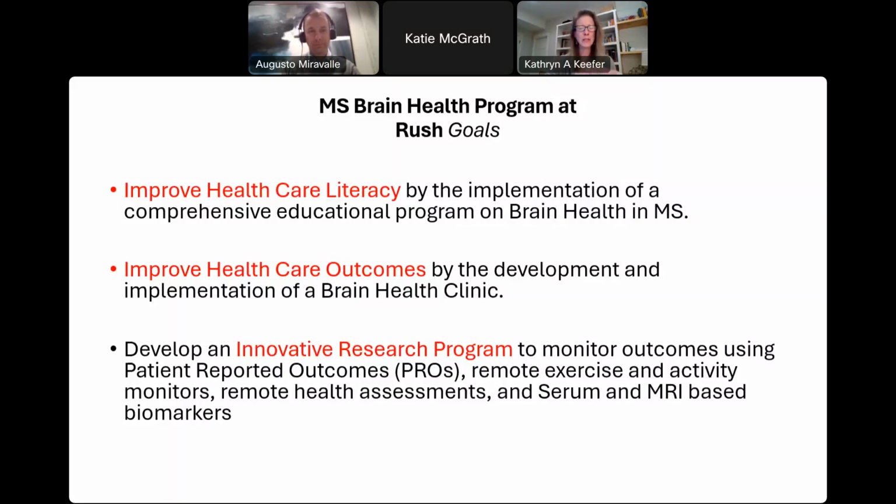So these are the 3 bullet points that we have outlined: improving healthcare literacy, improving healthcare outcomes, and innovative research programs. So making sure ultimately we're up to date on the latest data and research that is being conducted.